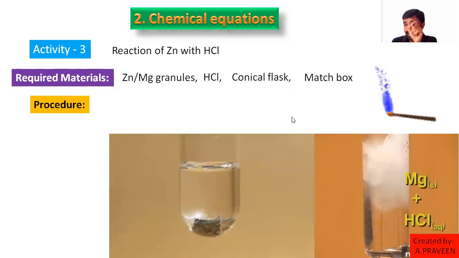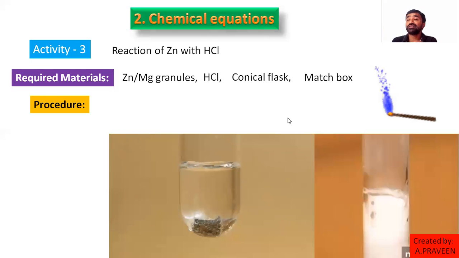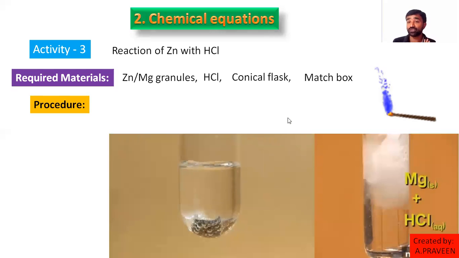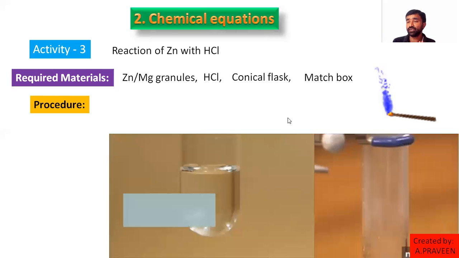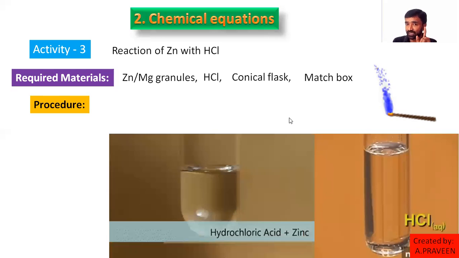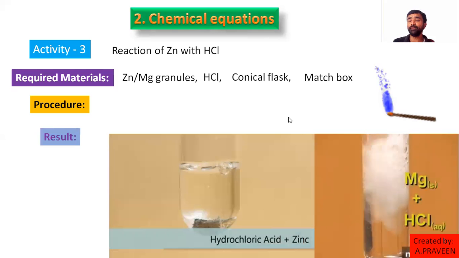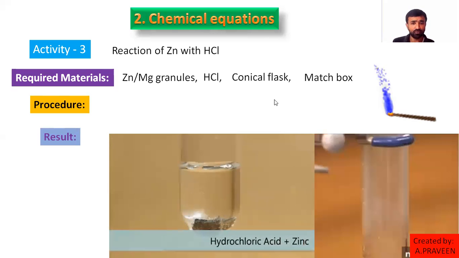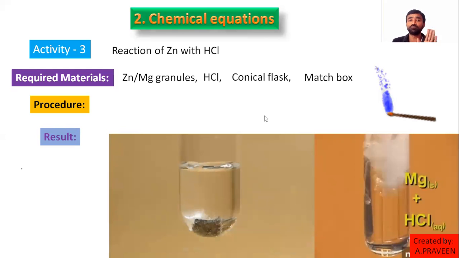So if a burning matchstick changes its flame color into blue, that simply indicates the liberated gas is hydrogen gas. Sometimes it may be put off with a sound, right? So to identify the type of gas, I am depending on the color of the flame. So that turned blue in color. So in this, what I noticed is that gas is liberated. So I made that observation here.